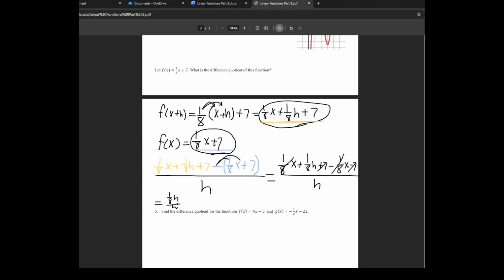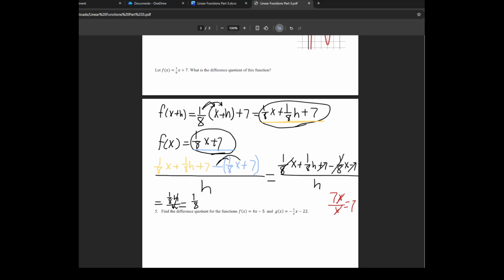As crazy as this looks, just doing some scratch work off to the side, if we have 7x over x, these two x's would cancel out and we're just left with 7. Same thing is going to happen here. 1 over 8 times h divided by h. These are going to cancel. This is just going to be 1 over 8. And actually, all the variables disappeared in this one. This is really, really nice.